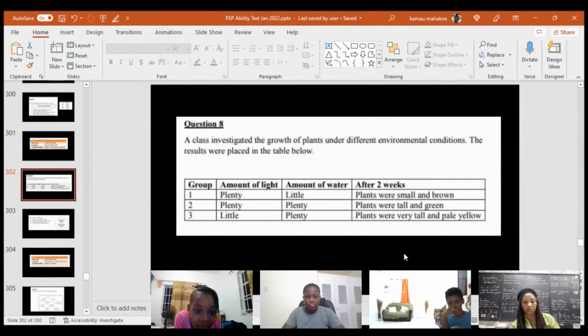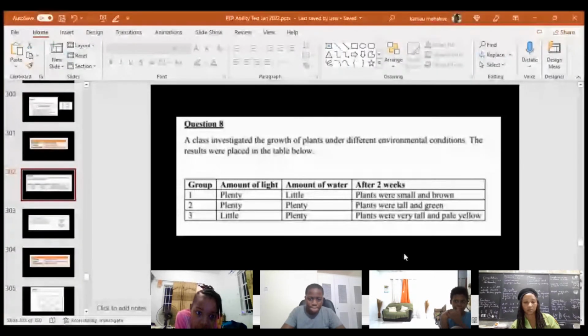After 2 weeks, the plants were small and brown. Group 2: amount of light, plenty; amount of water, plenty. After 2 weeks, the plants were tall and green. Group 3: amount of light, little; amount of water, plenty. After 2 weeks, plants were very tall and pale yellow.